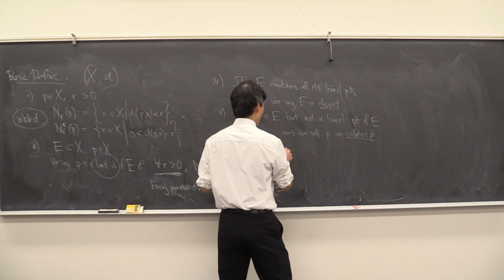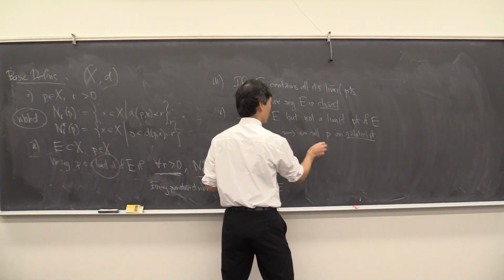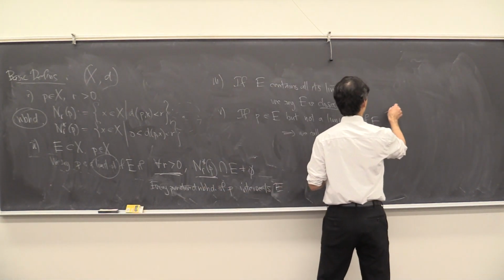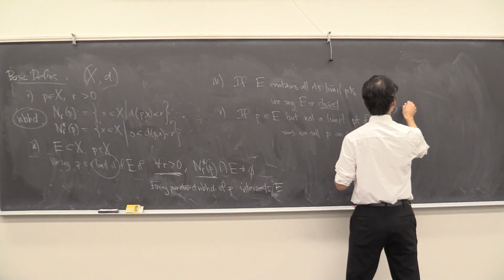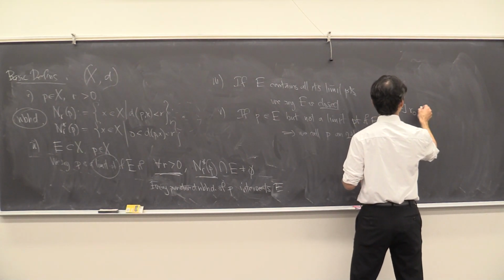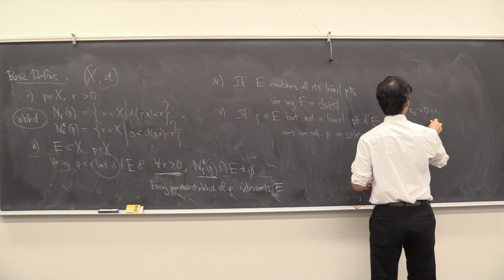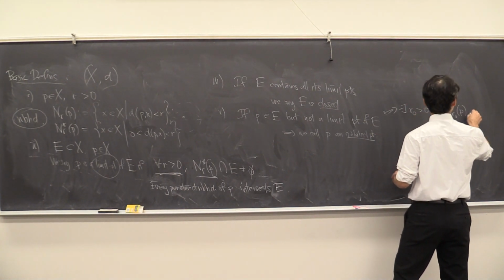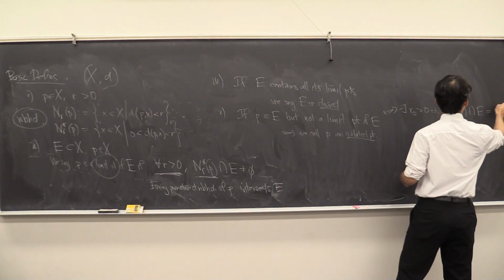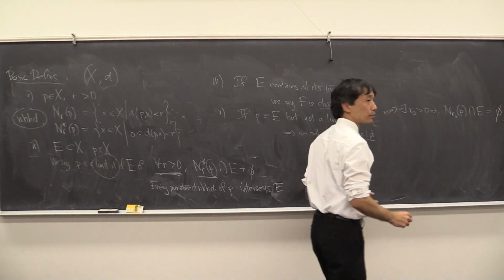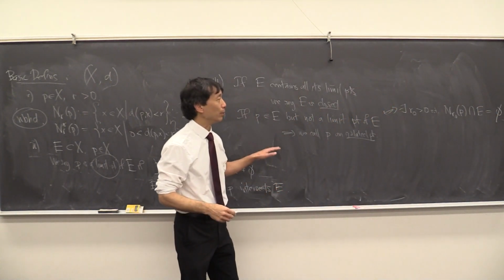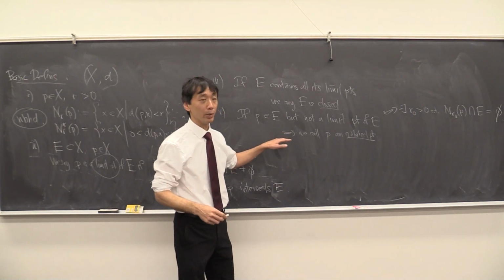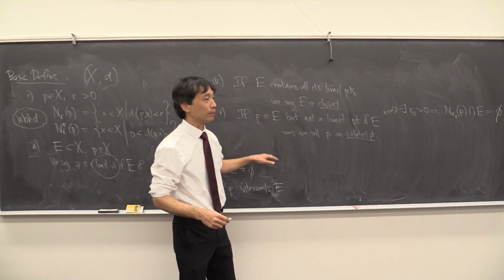So equivalently, there exists some neighborhood such that that neighborhood of P intersect E is empty. So there's some punctured neighborhood that doesn't intersect E.